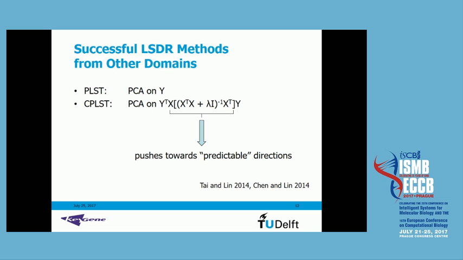So when I do this mapping, I want an easier classification problem. So using this expression for X inside, it pushes the Go terms towards directions that are easier to predict.